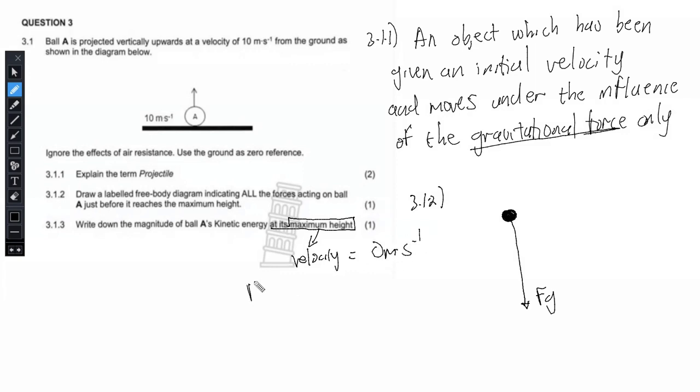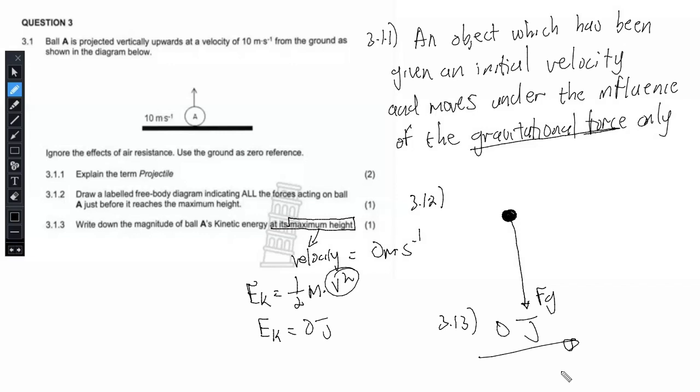And since kinetic energy is half the product of the mass and v squared, if the velocity is 0, then obviously our EK has to be 0 joules. So the magnitude of the kinetic energy at the maximum height is 0 joules because the velocity is also 0 there. If there is no movement, then there is no kinetic energy.